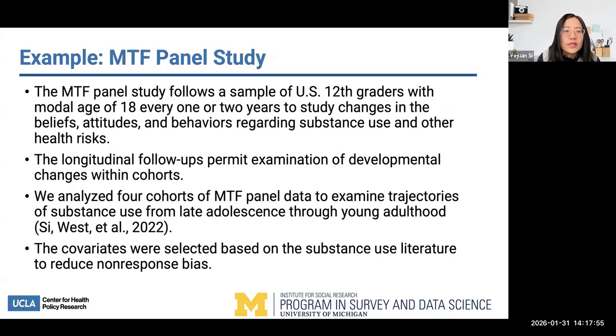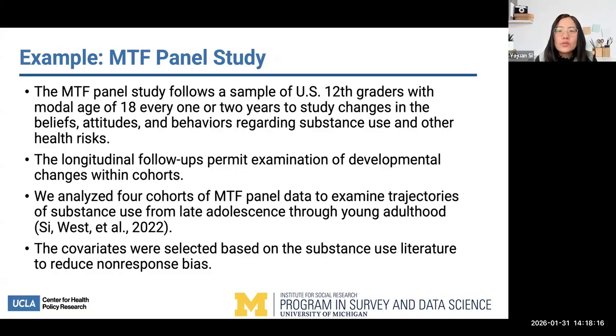Here I'm giving you a concrete example from the Monitoring the Future panel study. This MTF panel study follows a sample of US 12th graders with a modal age of 18 every 1 or 2 years.